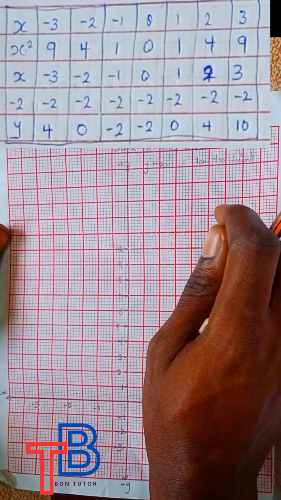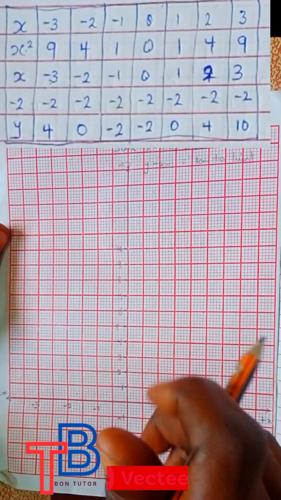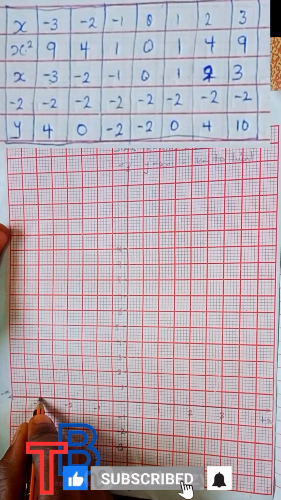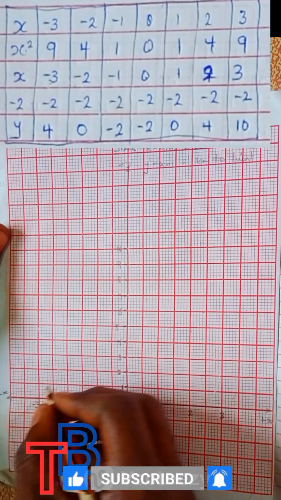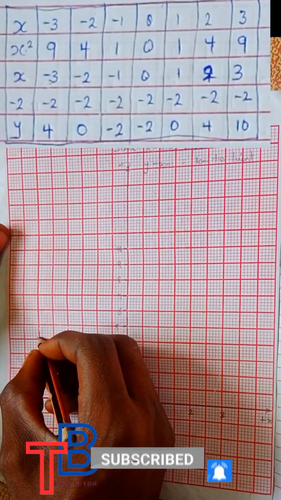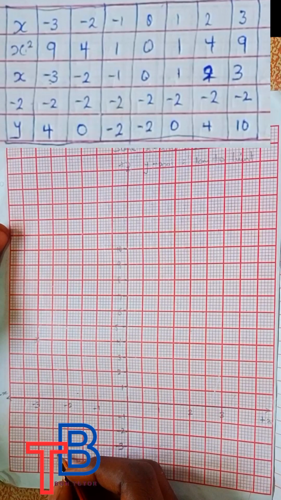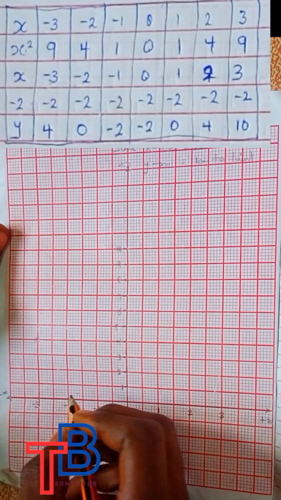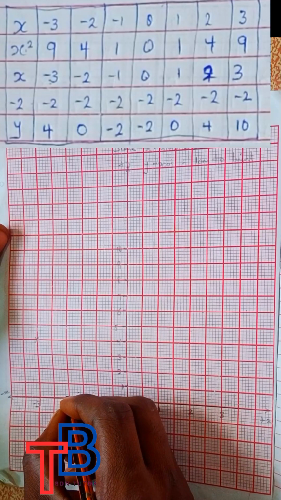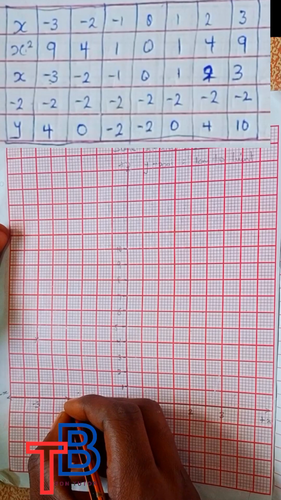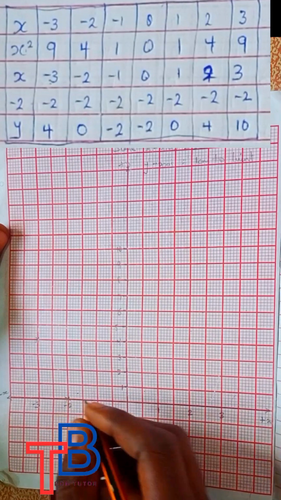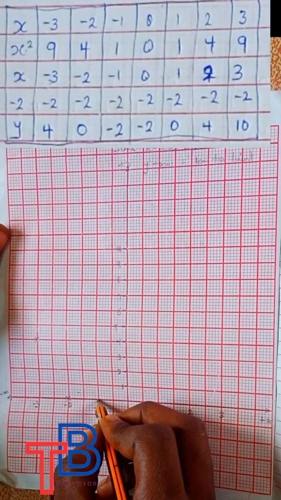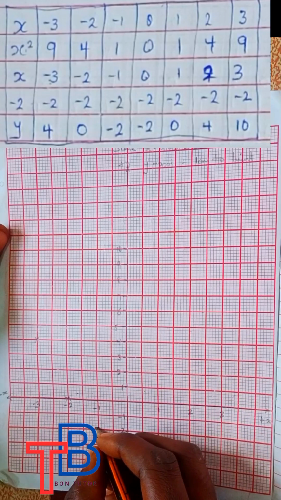When my x is -3, which is here, my y is 4, and 4 is here. I will just trace that out. When my x is -2, my y is 0. Yes, my y is 0. That will be there. When my x is -1, my y is -2, which is here.